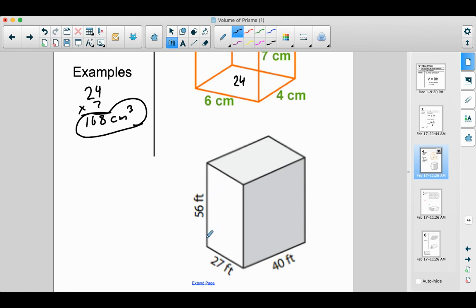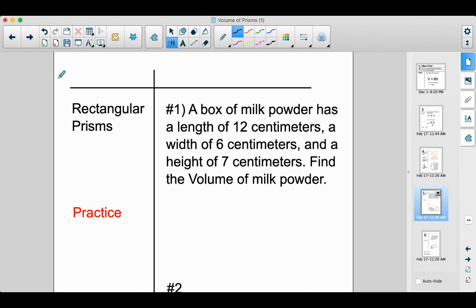It doesn't matter what I consider the base. I'm just going to be taking these 3 dimensions and multiplying them together. So 27 times 40 times 56. If I multiply all those together, I get 60,480. These are measured in feet, so this is in cubic feet or feet cubed. And with a rectangular prism, it's just that easy.